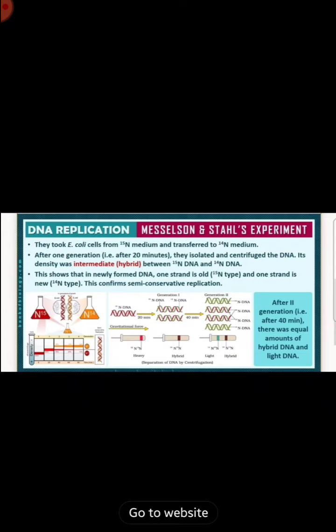If you know what is actually happening in this experiment, you will be able to answer. That's why I tried to explain with different diagrams, so that you understand it properly. I also explained the different types of replication proposed by different scientists, why they did this experiment, and what would happen if it was not semi-conservative. Everything is explained, and I hope you understood this topic.